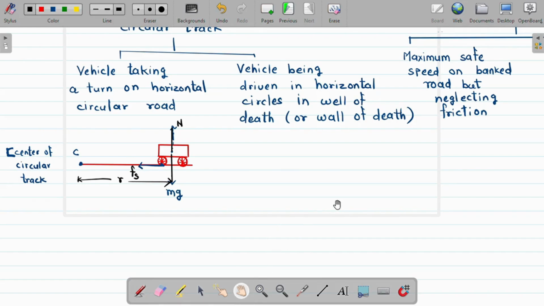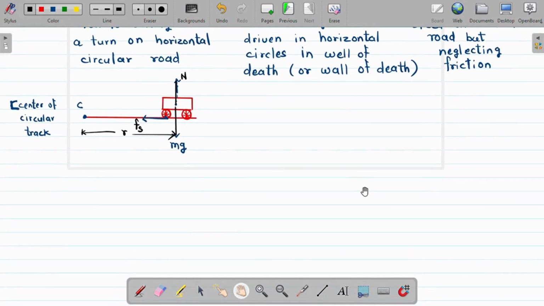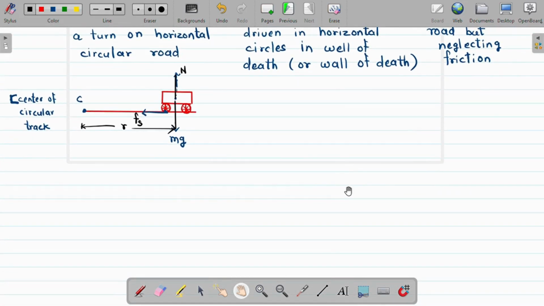Okay, so for the mathematical part, in the description you are supposed to add: consider a car of mass m, the mass of the vehicle, which is moving on that horizontal track, and r be the radius of the circular track.